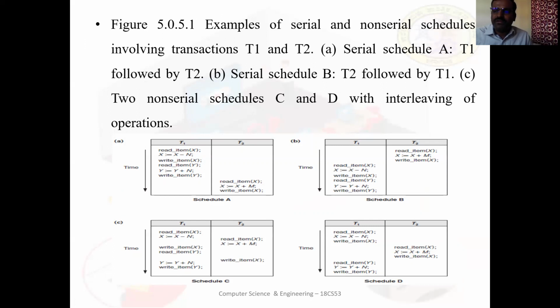Next is an example. If there is a cycle in the precedence graph, then the schedule S is not serializable. If there is no cycle, S is serializable. If cycles exist, it is called non-serializable.